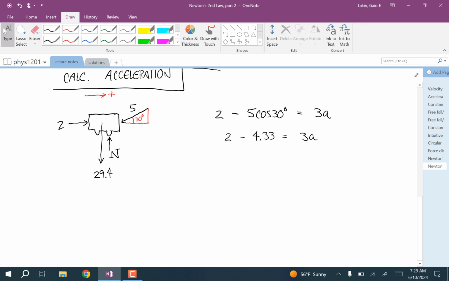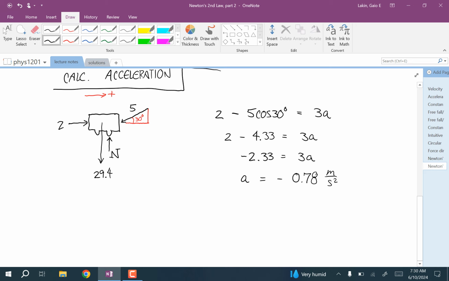And that comes out to negative 2.33 is equal to 3a. Divide both sides by 3, and you get that a is equal to negative 0.78 meters per second squared.